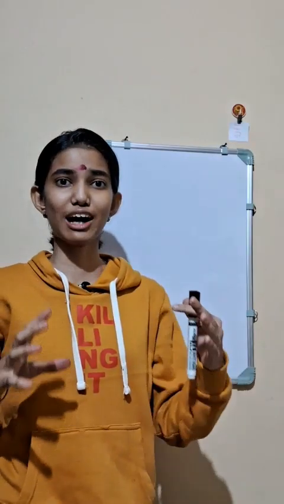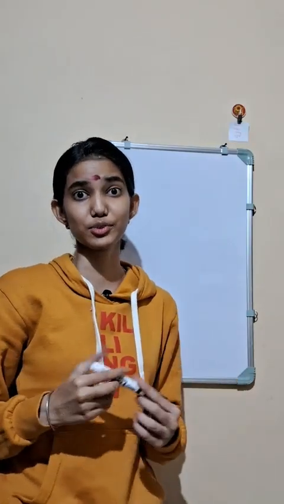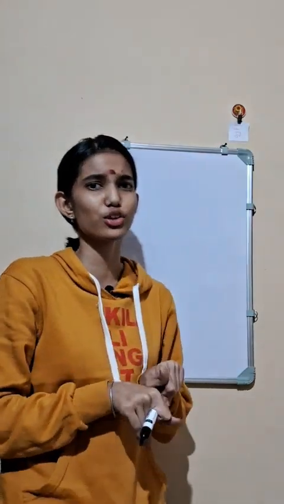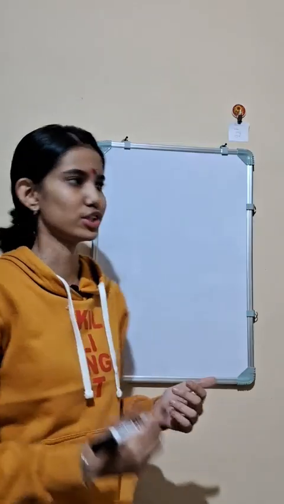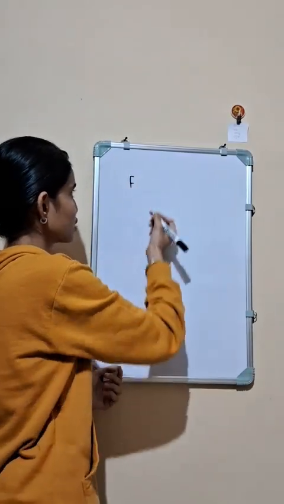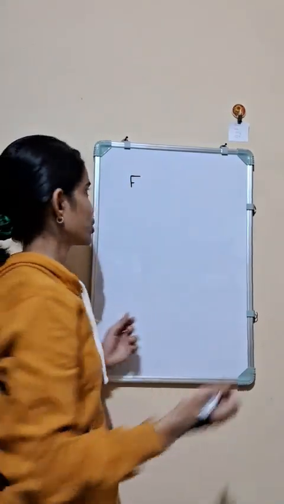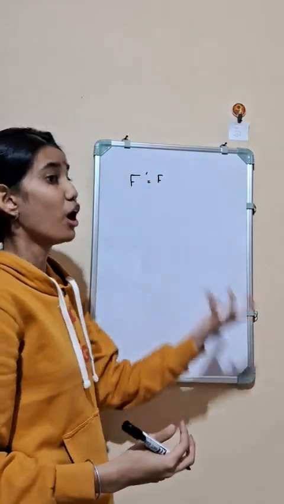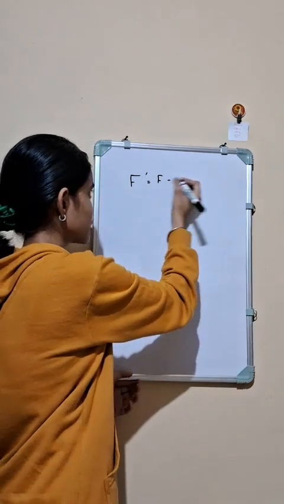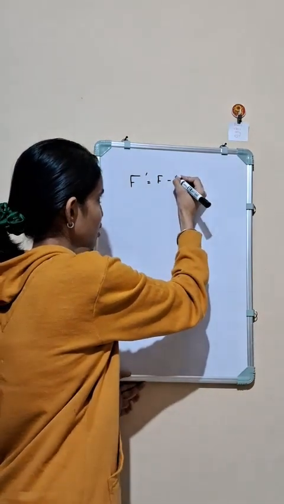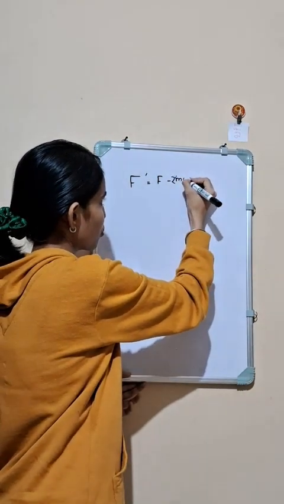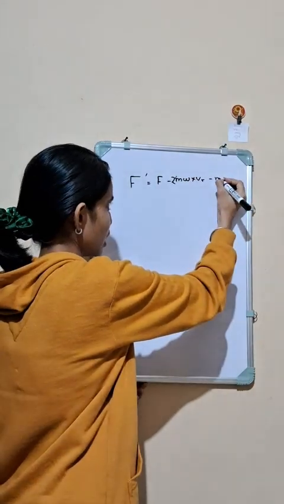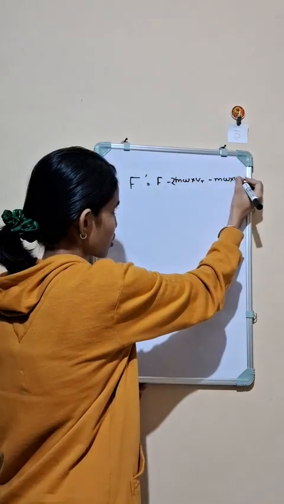So instead of using r and I as subscripts, we are going to use the usual notation, that is a dash and a normal alphabet, to represent the non-inertial frame and inertial frame. So the force experienced from a non-inertial frame will be F dash equals the actual force F as experienced from an inertial reference frame minus the Coriolis force, that is m omega cross Vr, minus the centrifugal force, that is m omega cross r.